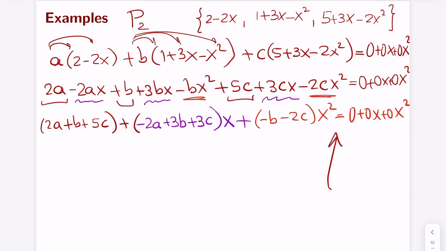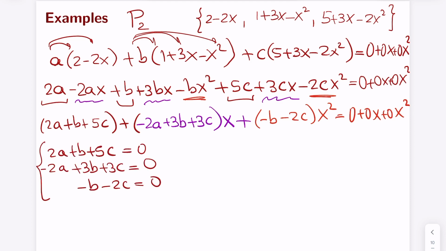Now, for these two polynomials to be identical, this one has to be equal to 0, this one has to be equal to 0, and this one has to be equal to 0. So that will give us a system of equations. And now the question is, does this system have a unique solution or infinitely many solutions?